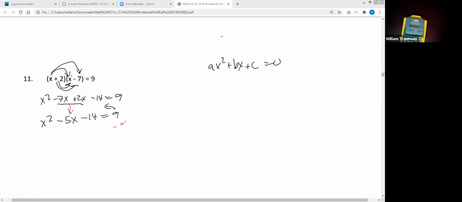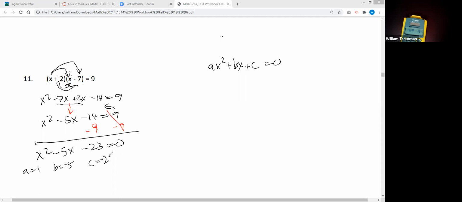I'm going to subtract 9, and I'm putting the 9 right underneath the 14 because they're numbers and they can be combined. x squared minus 5x minus 23 equals 0. -14 and -9 is -23.